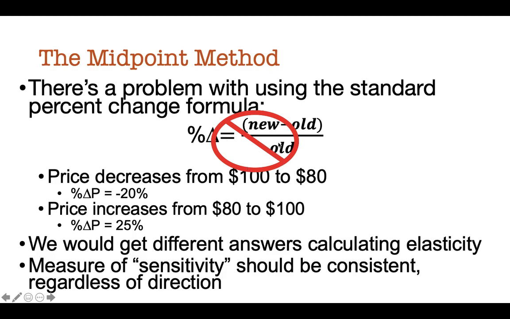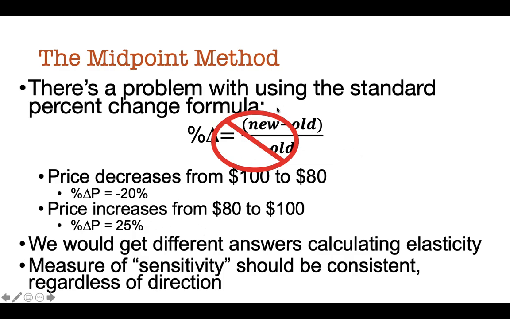It matters where your starting point is. Imagine that you are buying or selling an item, and we talk about a price change between $100 and $80. The percentage change from 80 to 100 or 100 to 80 should be the same. However, using this formula, we get two different answers here. We don't want that, so we're going to use a different formula.